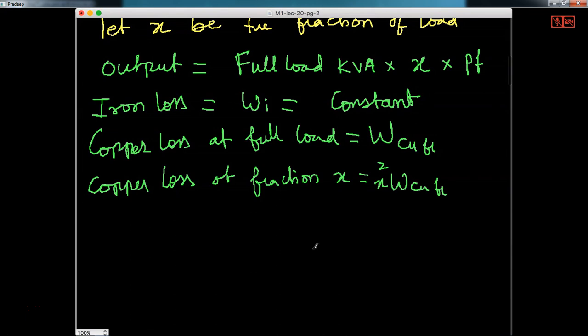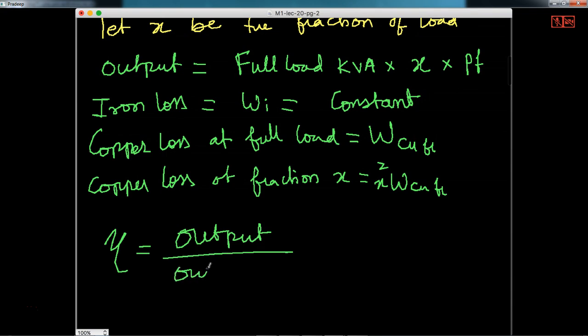So therefore efficiency will be equal to output by output plus losses, that is iron loss plus copper loss.